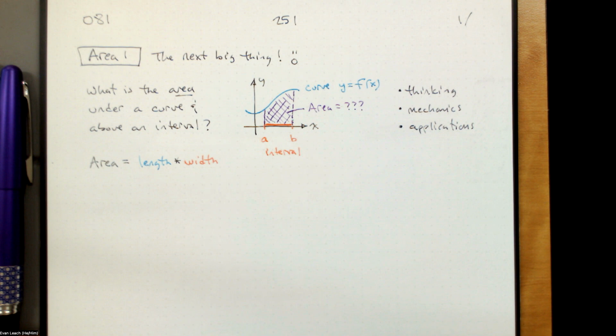It's the very idea of area: there's length and some width, and we just multiply those two things together to get an area.